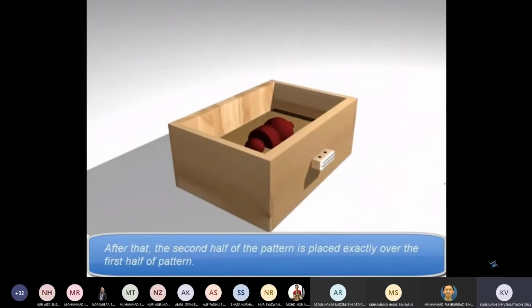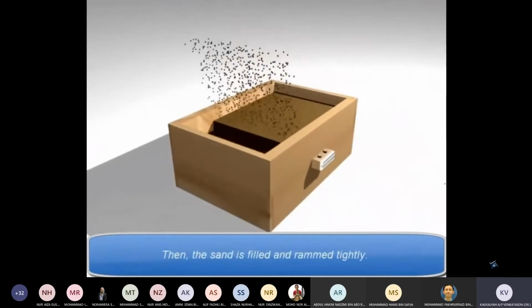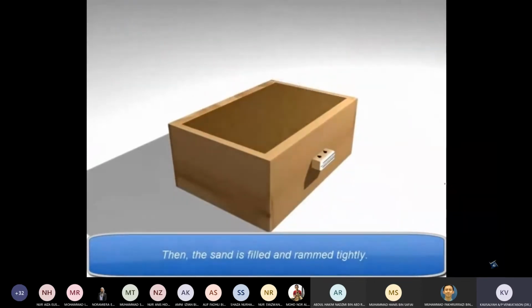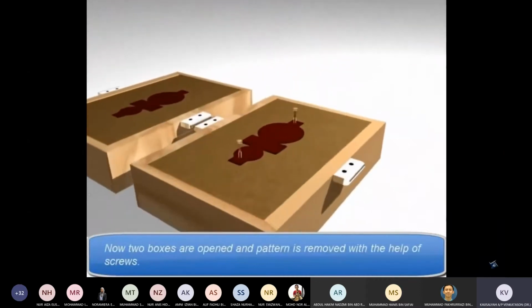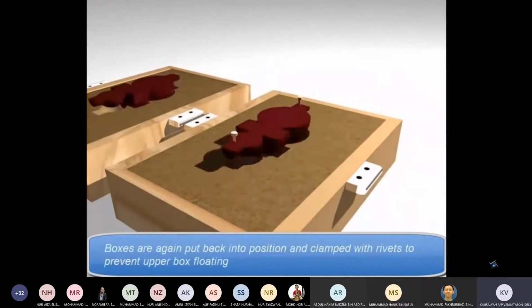After that, the second half of the pattern is placed exactly over the first half of the pattern. Then the sand is filled and rammed tightly. Now the two boxes are opened and the pattern is removed with the help of screws.